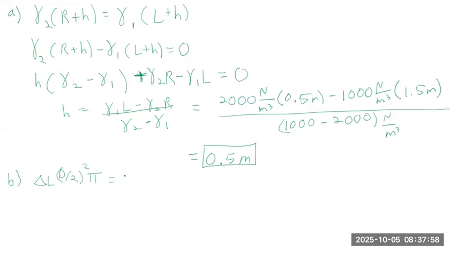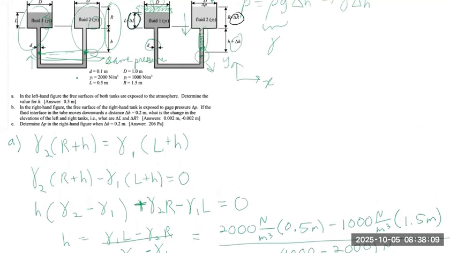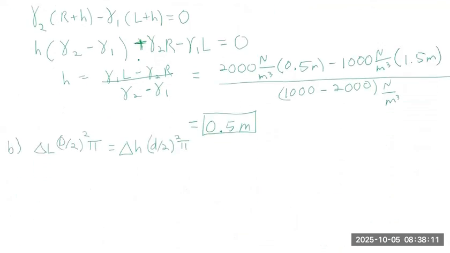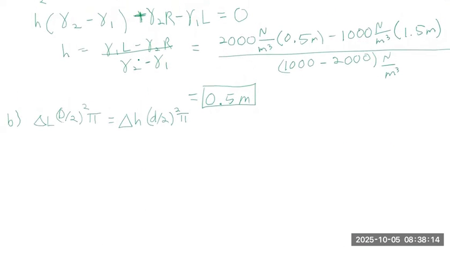Then we set it equal to delta H times (small d over 2) squared times pi, the volume change associated with fluid 2. Now there are certain things that cancel out on both sides, which is nice. The pi and the factors of 4 also cancel, so we're left with delta L times big D squared equal to delta H times small d squared.